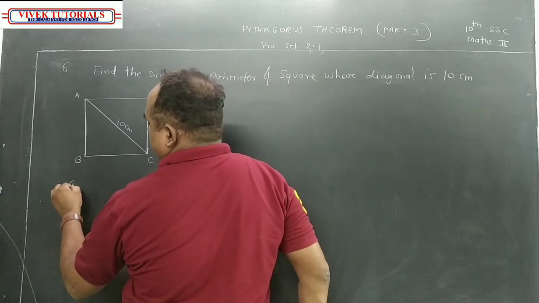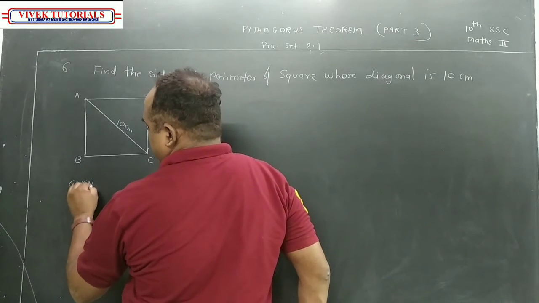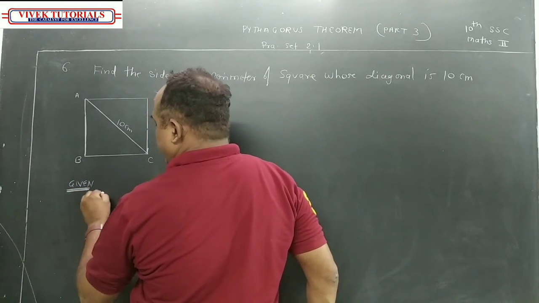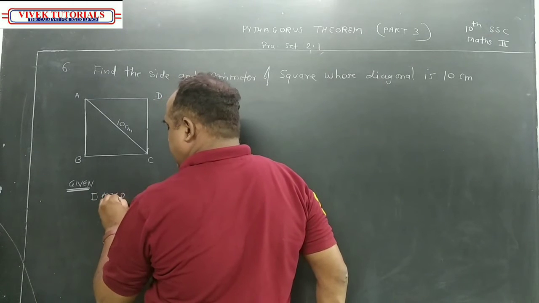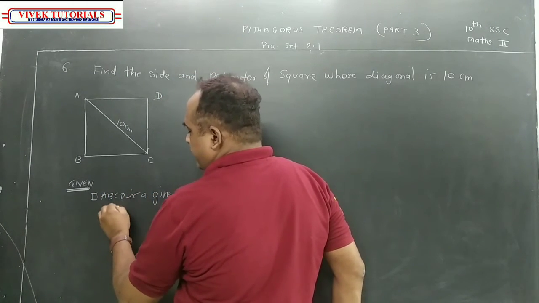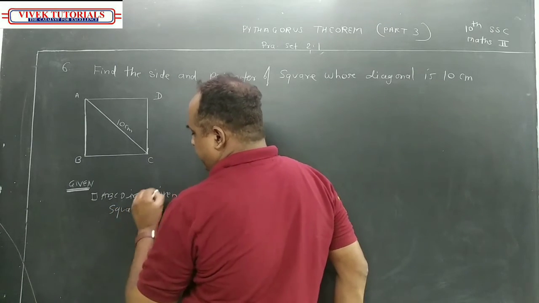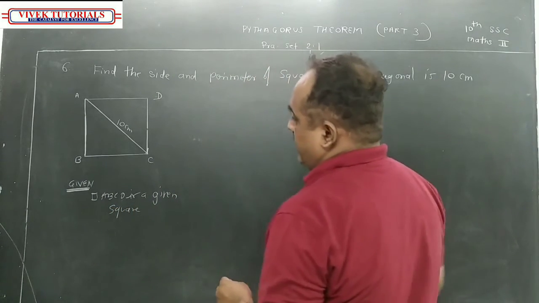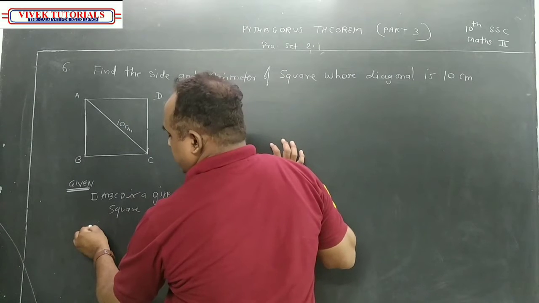They ask for the length of the side and the perimeter. So what I want to write? Given: quadrilateral ABCD is a given square. They have asked you to find out what?